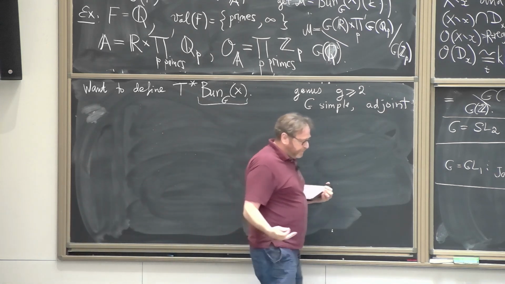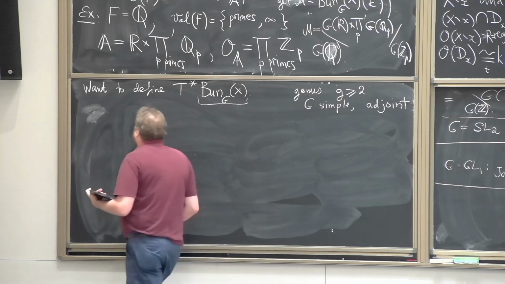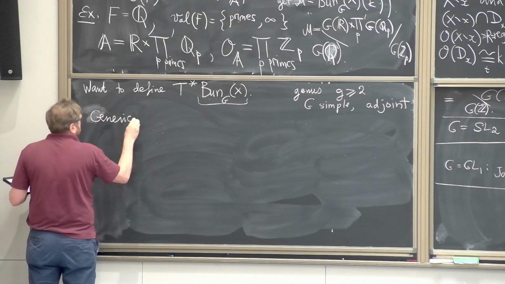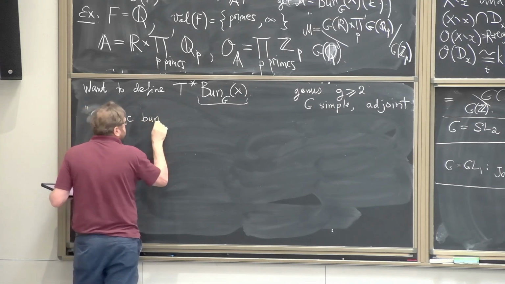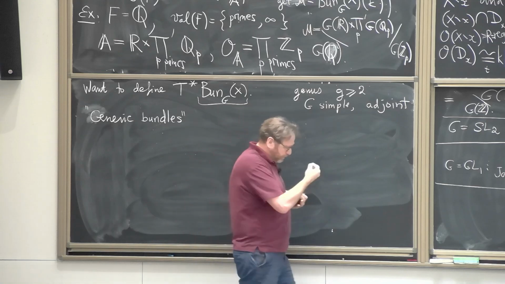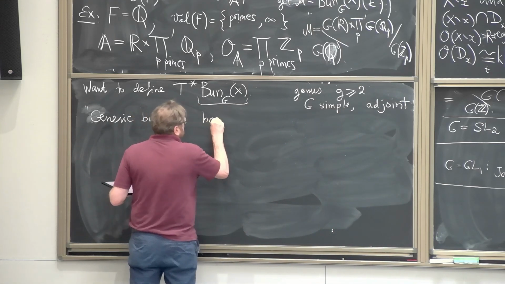And the main feature of a stack compared to a scheme is that points have automorphisms. Well, it turns out that in this situation, if you pick a generic bundle, it doesn't have automorphisms, so the automorphism group is trivial. And I will explain something about what this means, but generic bundles have trivial automorphism group.